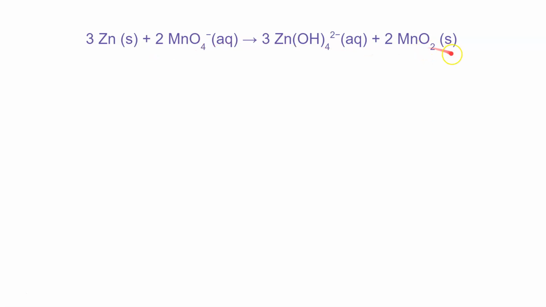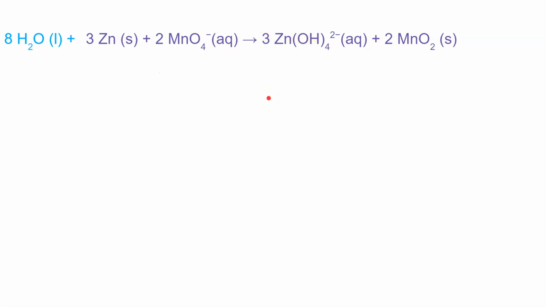So we can determine on the product side that we have 4 plus 12, so we have 16 oxygens on the product side, and then we have 8 oxygens on the reactant side. So we need to add 8 waters or 8 oxygens in order to balance it out.